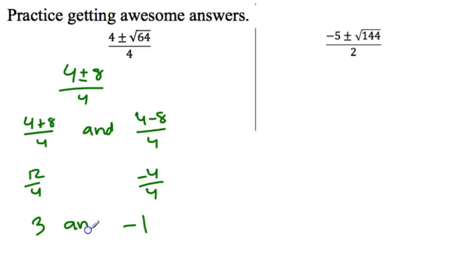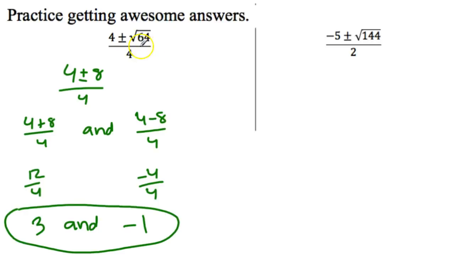So our answer is 3 and negative 1. If you get this with the quadratic formula, that tells you you could have factored and gotten these nice, beautiful answers. Okay? Now what I want you to do, pause this video and try this one by yourself.